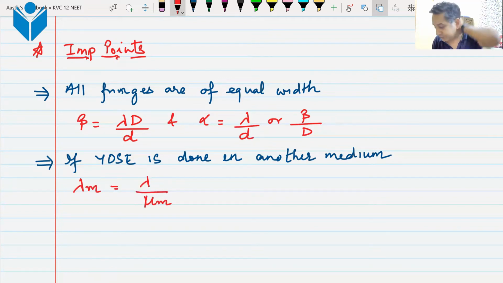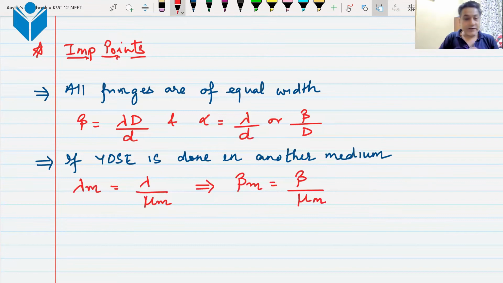And you know fringe width is directly proportional to lambda. So the fringe width in the medium will become beta divided by mu of the medium. Do we understand this? Yes, sir.